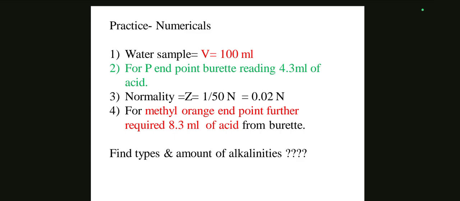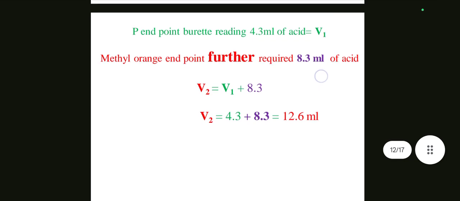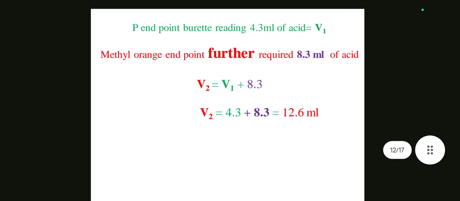Okay, so here again you have to find the types and amount of alkalinities. So let us see the meaning of further. And most of the students used to make the mistake here, right? So P end point burette reading value is 4.3. So 4.3 is the value of Phe1. Now what about Phe2?